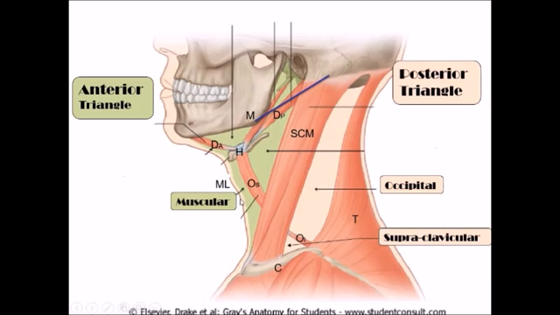Anteriorly we have the midline, posterior superiorly the superior belly of the omohyoid, and posterior inferiorly the sternocleidomastoid muscle. So this is the muscular triangle.